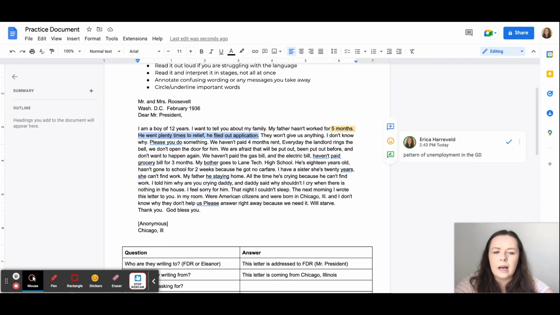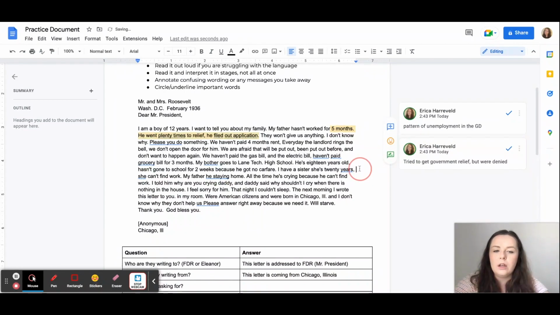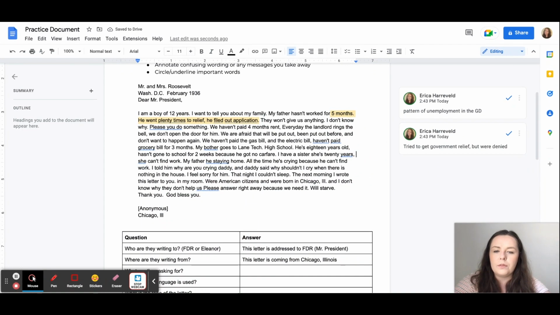He filled out application. So he tried to get government relief, and it says in the next sentence, they won't give us anything. So they were denied, right? They haven't received any money for relief. And then, please, you do something, right?